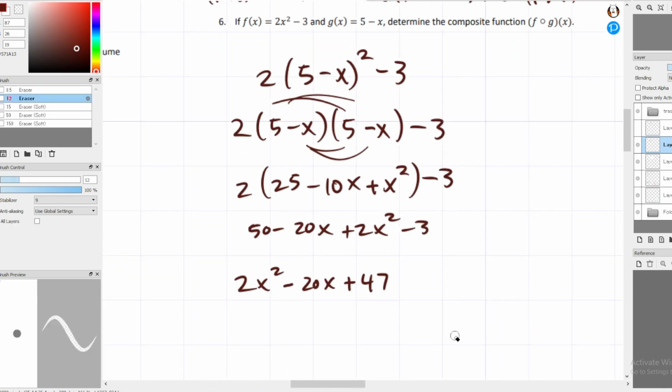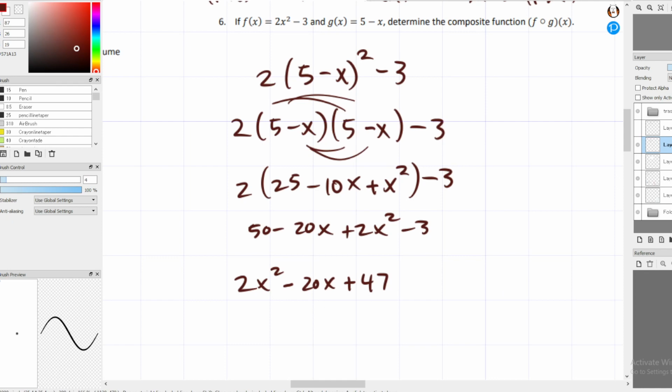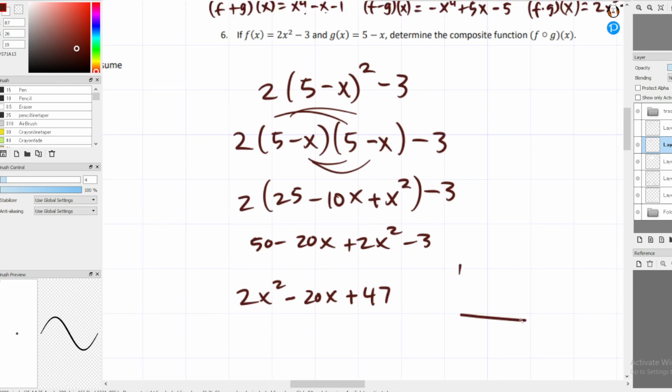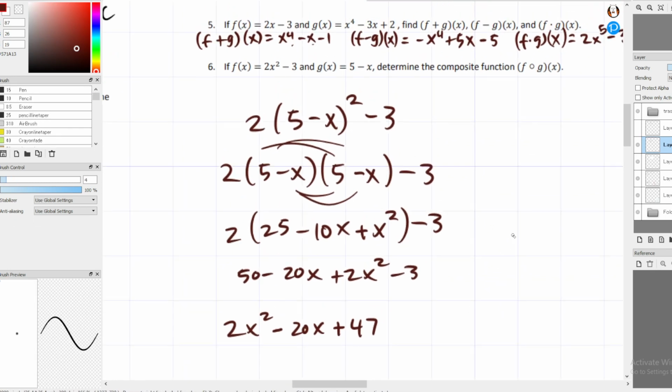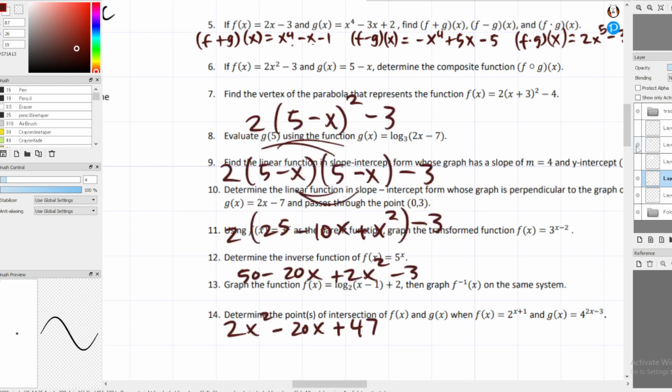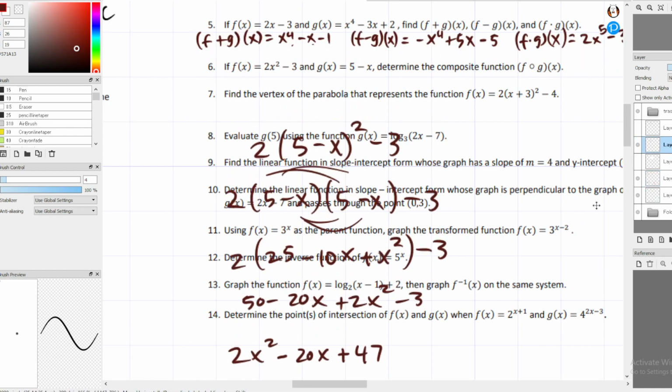Now, at this point, it might be useful for us to see if this is factorable. Well, it probably doesn't matter. It's not telling us to simplify per se. I would just give this. It's not asking us to solve for 0 or anything like this. So we can say f of g.